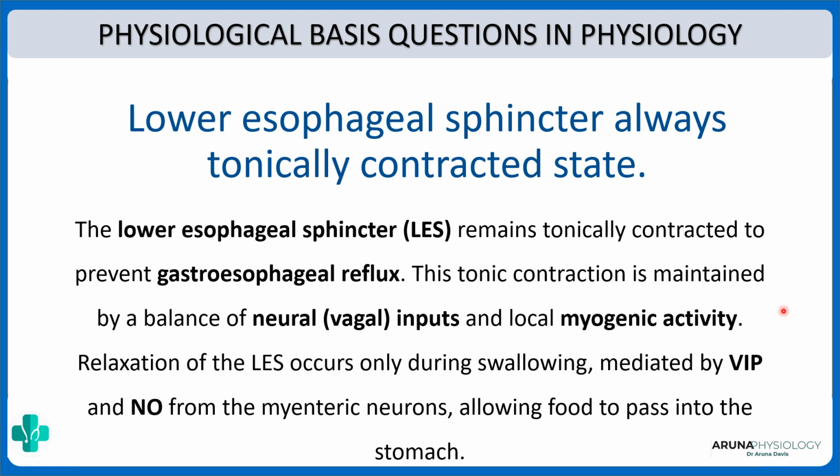It's only during swallowing that the lower esophageal sphincter relaxes, and that relaxation is mediated by inhibitory neurotransmitters like VIP and NO. All other times it remains constricted because of the vagal inputs as well as the local myogenic activity.